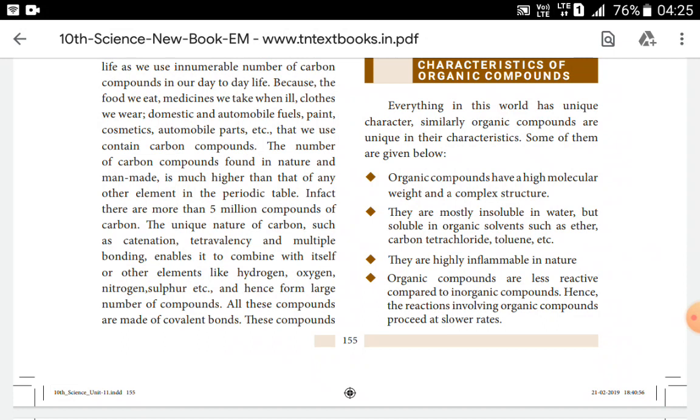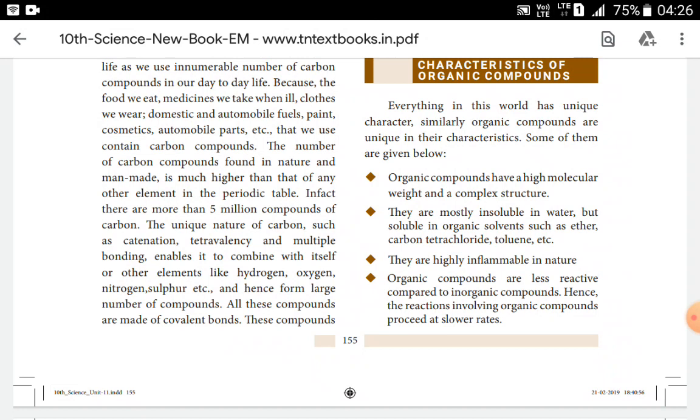So here, all these compounds are made of covalent bonds. What is a bond? Bond means the force of attraction between the combining atoms. Already you learned in 9th standard there are different types of bonding in the chemical bonding lesson. Ionic bond or electrovalent bond takes place because of transfer of electrons.